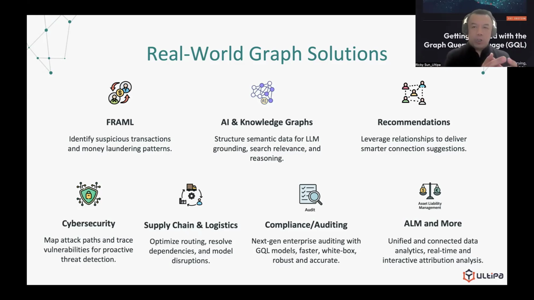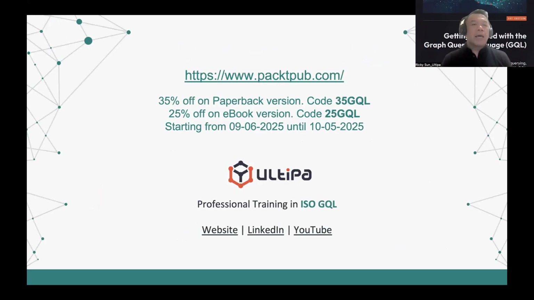The total cost of ownership can be much lower, the overall system performance can be much better, and the user engagement and user experience can be so much more improved. So this is great stuff, and we're going to continue to promote GQL.